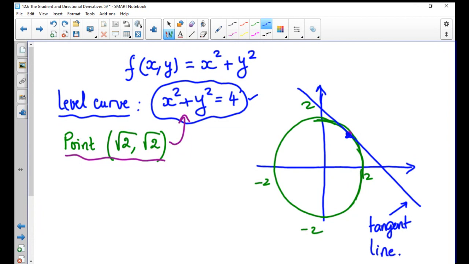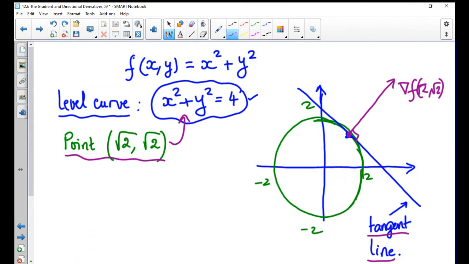Now, what the theorem says is that at that point, the gradient vector, at (square root of 2, square root of 2), is exactly normal to this tangent line.